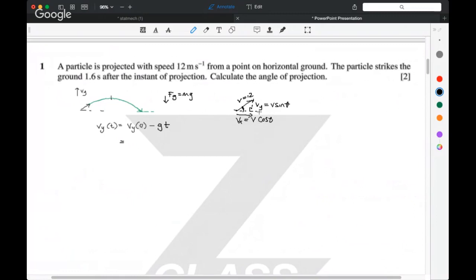And so you resolve it along that. You just look at the y component for this question. So this is going to be v sine theta minus gt.